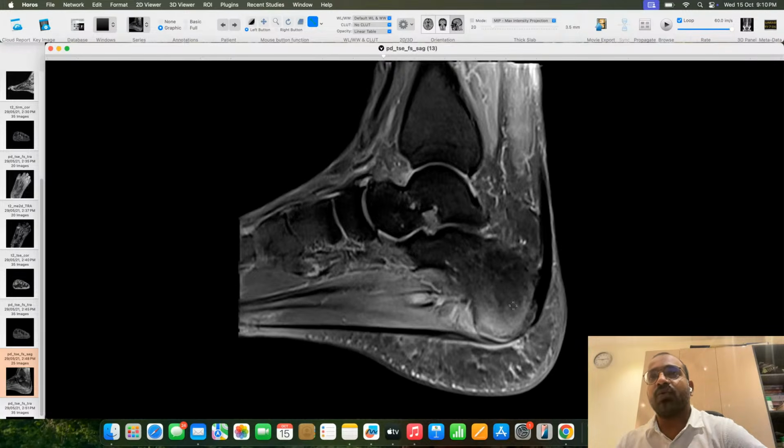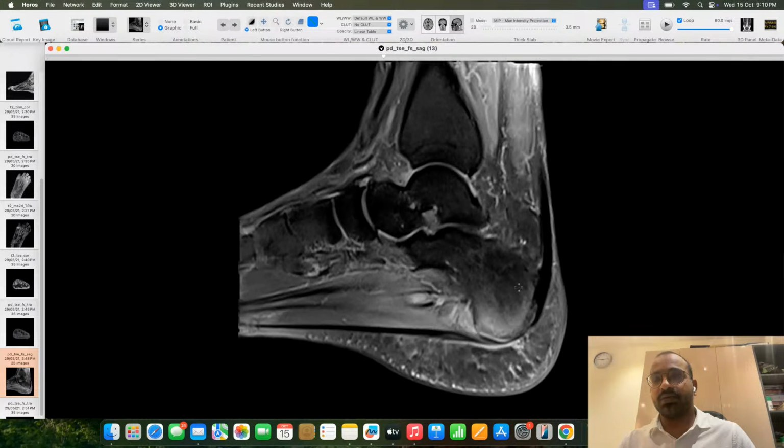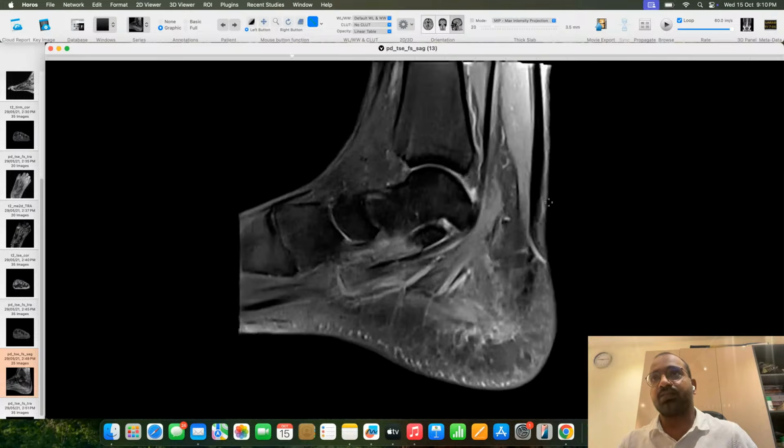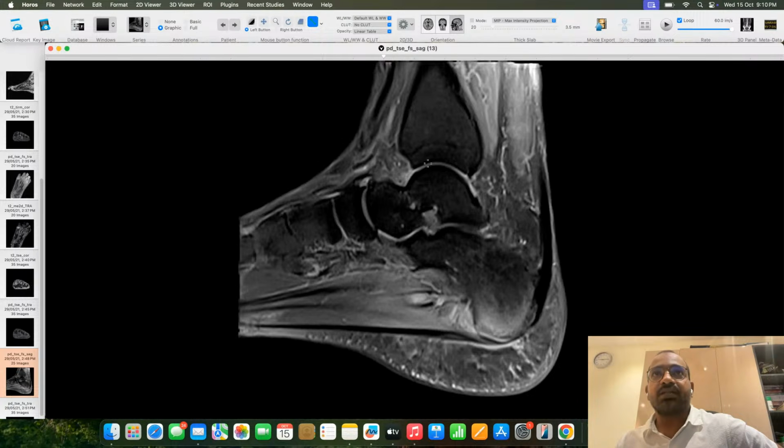So they coexist because both are related to the footwear and the way they walk, and more of foot dynamics. So that's the reason in most of the cases they will have coexisting retrocalcaneal bursitis and also plantar fasciitis. But in this case, there is no retrocalcaneal bursitis. Actually, the tendon is normal.